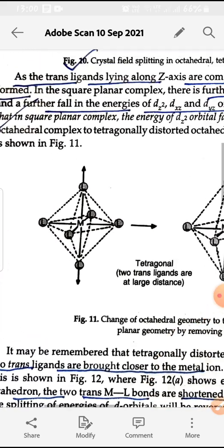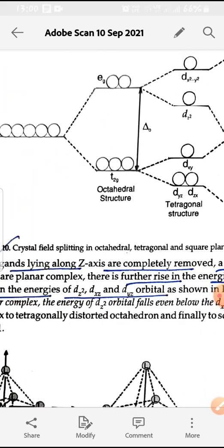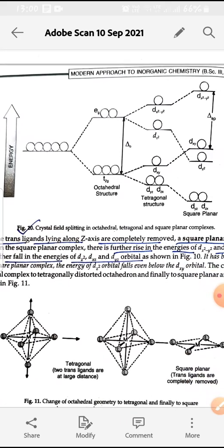Then we will discuss crystal field splitting in tetragonal complexes. As two trans ligands along the z axis are withdrawn, the metal ligand distance along the z axis increases.